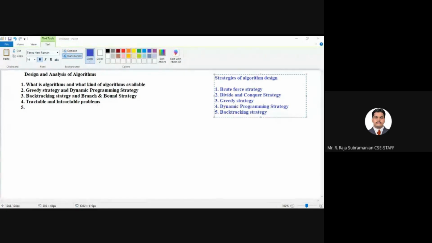When we play with our brothers and all, we do like that, right? That is backtracking. I do some step, then come back and say we will go one step back because this is an attacking step. I don't want that attack. I'll come back to the previous position. That is called the backtracking strategy. Next comes the extension of the backtracking strategy, that is the branch and bound strategy.